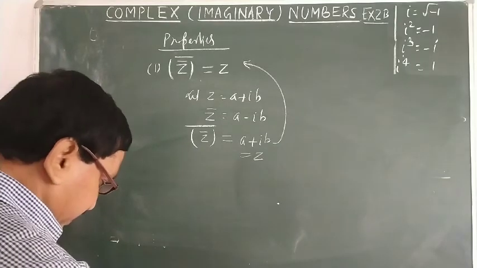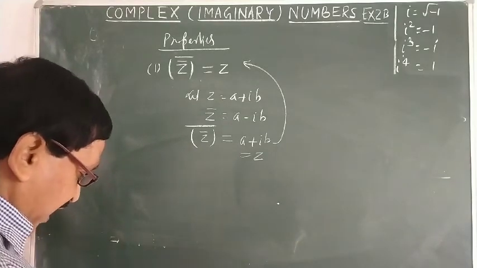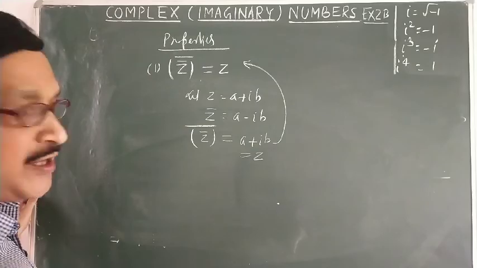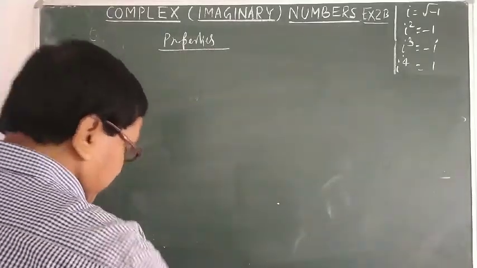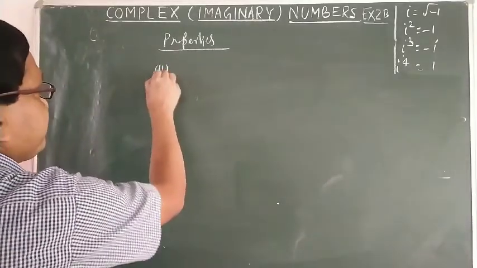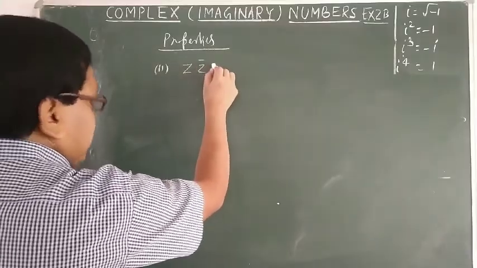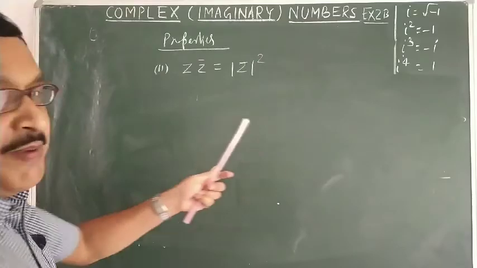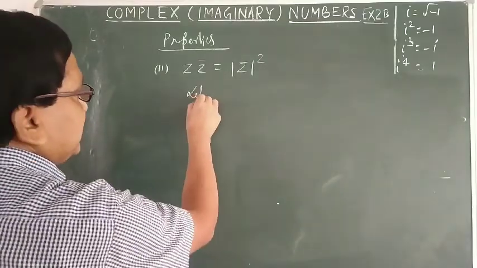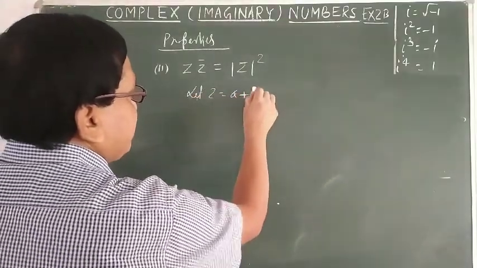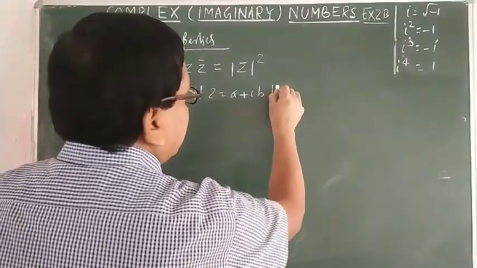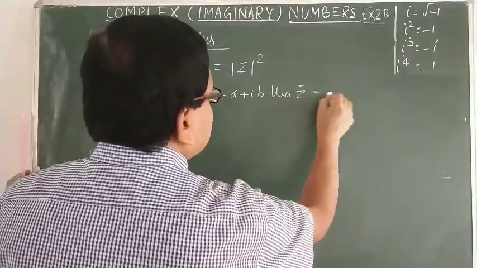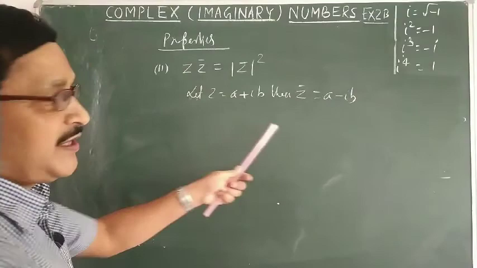Now the second property, the properties are necessary to be known by the students. Second property: z times z bar is equal to mod z whole square. Now let us prove this. Let z is equal to a + ib, then z bar is obviously a - ib. The sign is changed.